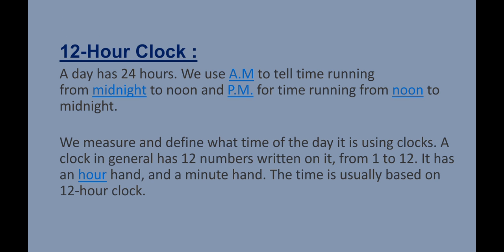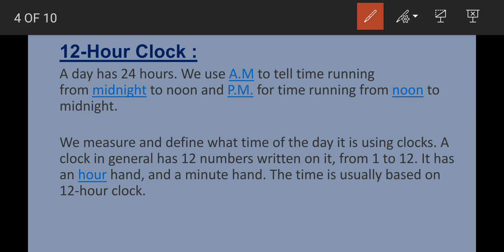Next, we can measure and define the time of the day using the clock. By using a clock, we can say the time. A clock in general has the numbers 1 to 12 written on it, and they represent the time. It has an hour hand, a minute hand and a second hand. The time is usually based on the 12-hour clock.